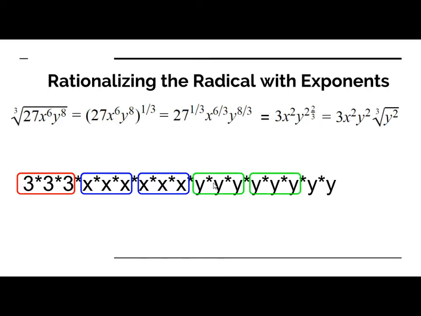There's 2 full sets of 3 y's, 3 y's, 3 y's. So there's that y squared there, 2 sets of 3 y's. And there's 2 y's left over. So this is basically like that factor tree. We factored the 27 into 3's, and we've expanded those x's and expanded those y's. So those 2 leftover y's are what we see right here. So the cubed root then of y squared.